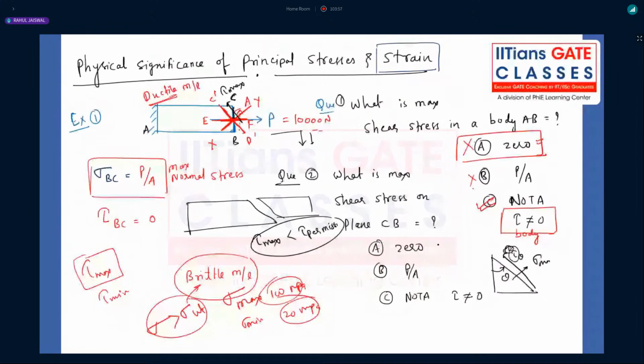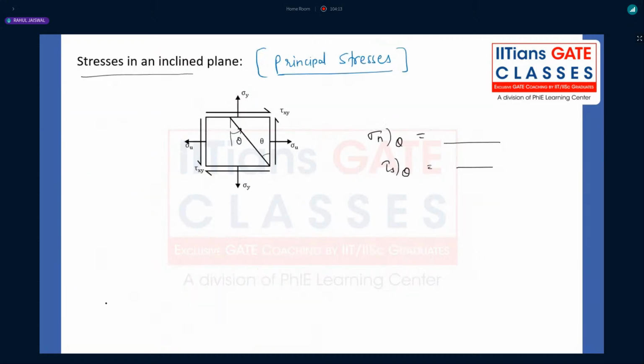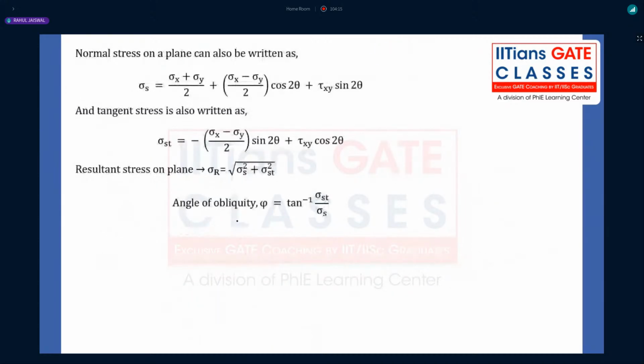Tell me guys, all of you. Tell me guys, why did I say this? If I directly start stresses on an inclined plane, and directly give these equations to find the stresses on an inclined plane theta, the shear stress, you directly use the equation and get the answer. Suppose you know the plane angle on which maximum normal stress is there.